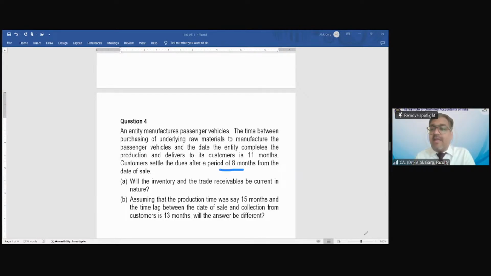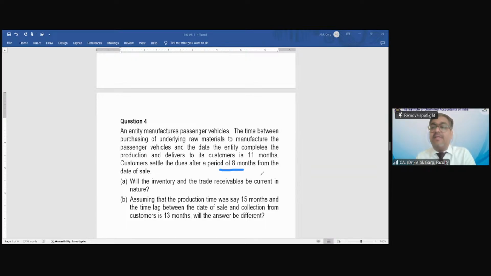What is the total duration? 11 months? Whether in 11 months the company is getting cash, because in 11 months the company is delivering the goods, and after delivering the goods the customer pays after 8 months. So the customer pays 8 months after receiving the goods. 19 months. 11 plus 8, 19 months.